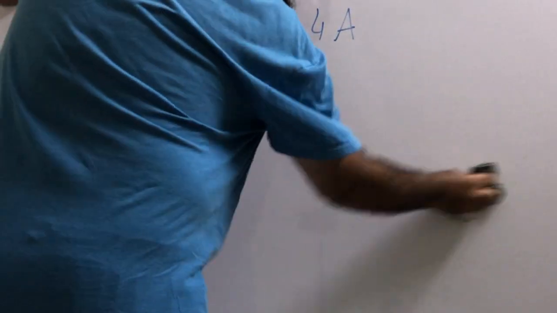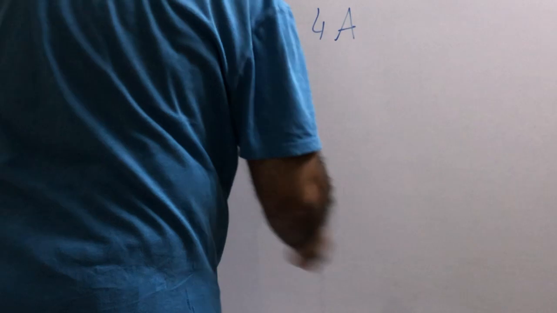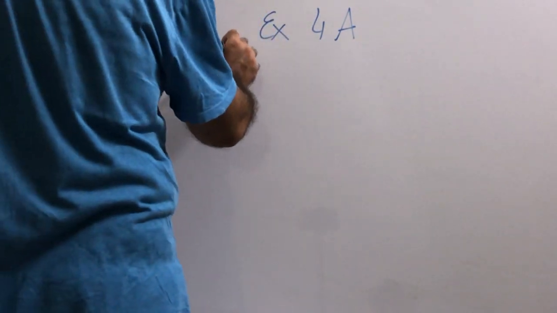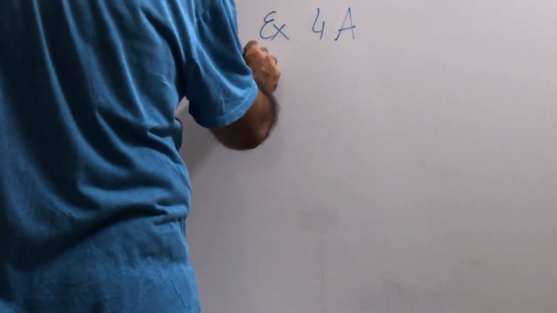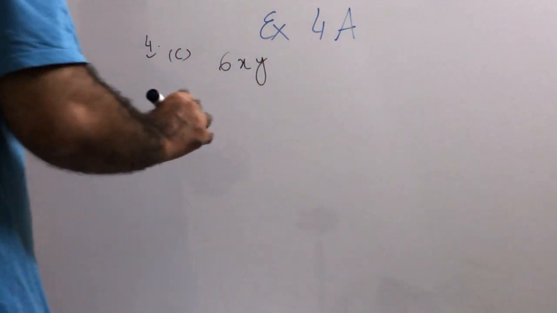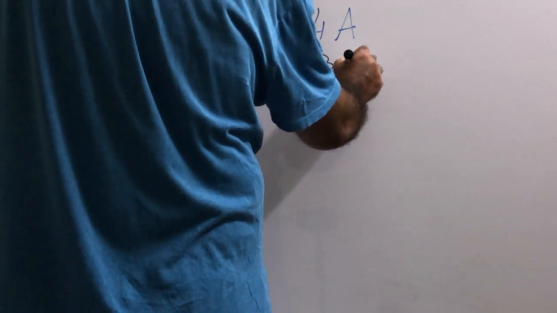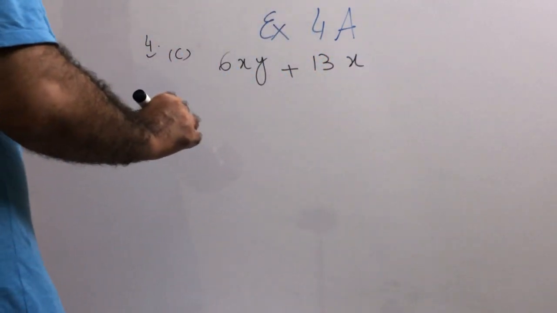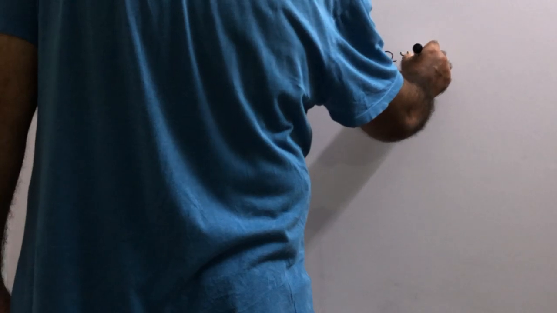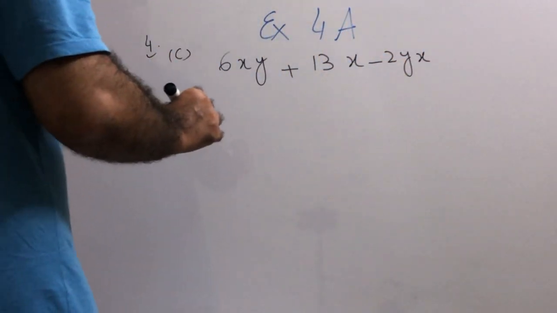But in algebraic language we don't put the multiplication sign, so we write 6xy plus 13x minus 2yx minus 5x.